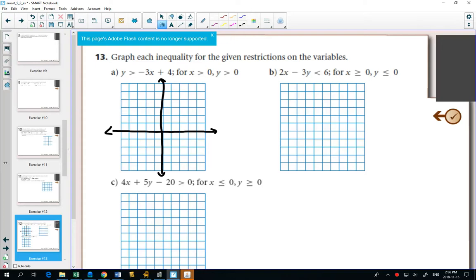So in this one, we have to graph y is greater than -3x plus 4. So if I was drawing that, I would have a y-intercept at 4. And a slope of -3, meaning that I would go down 3 over 1, down 3 over 1. And it would be a dotted line.